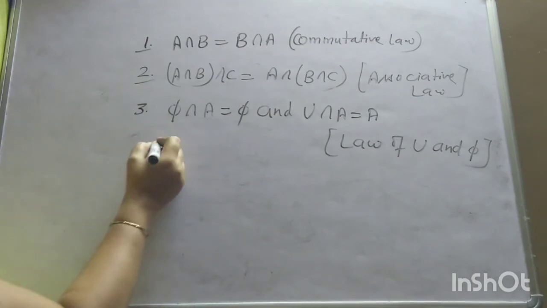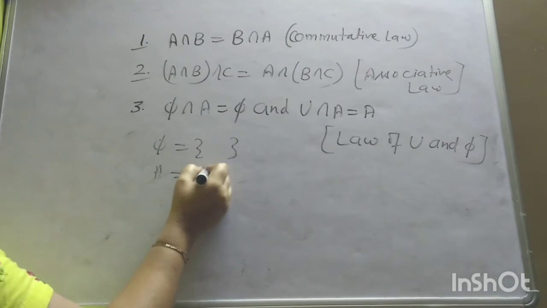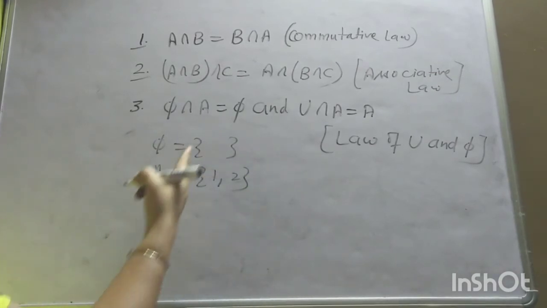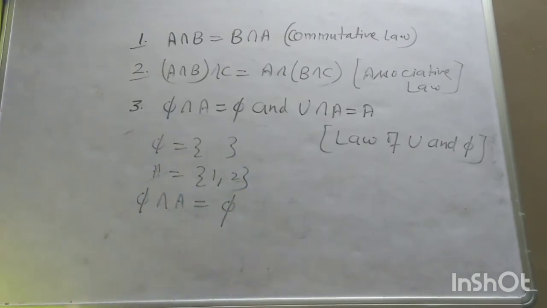Now, phi means empty set. Let A be {1, 2}. Nothing is common, so phi intersection A is again the empty set.